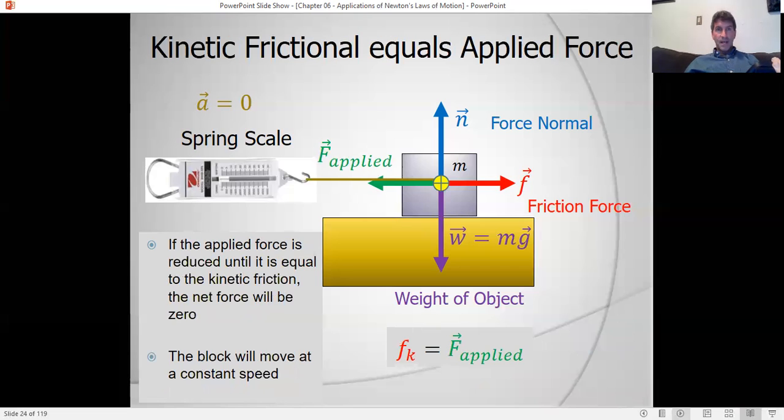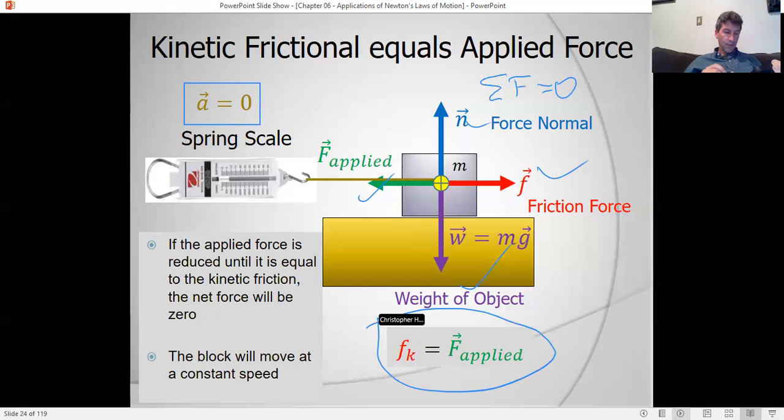So let's say my acceleration is now 0. Now I can say the sum of the forces on the block is equal to 0. Weight pulls down, normal force pulls up, friction pulls to the right. The applied force that I'm applying is pulling to the left. This means that my applied force and frictional force are equal and opposite to one another.